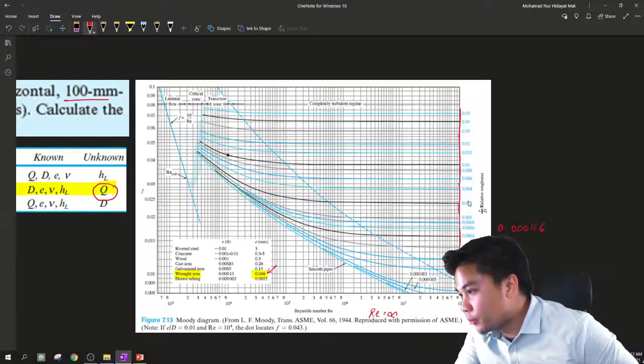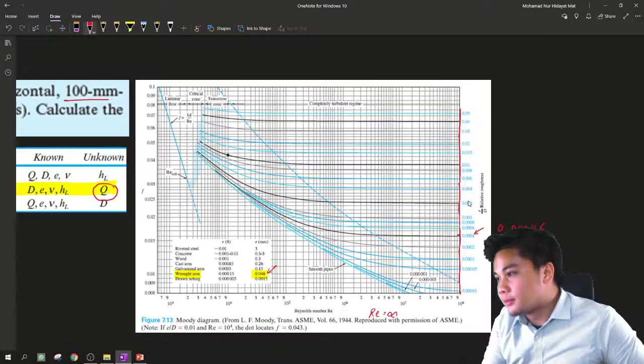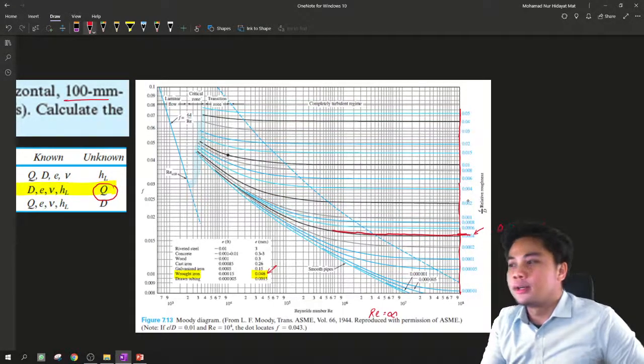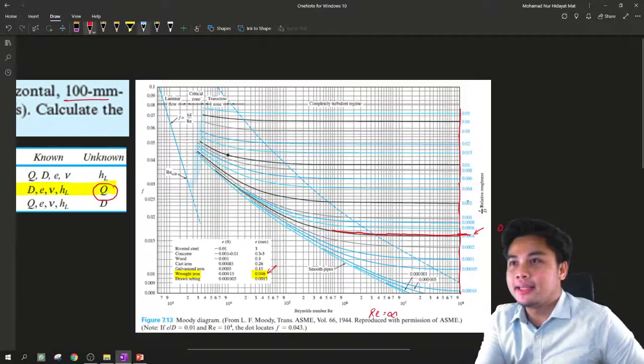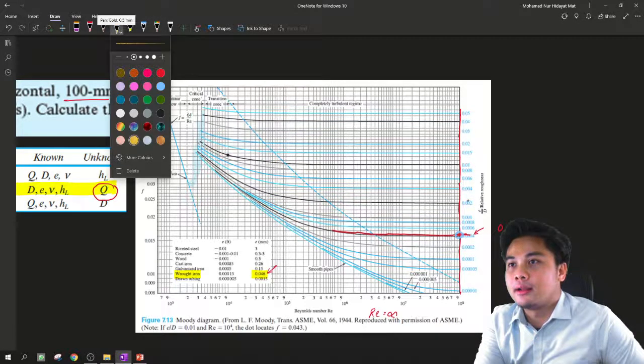We have 30 and 46, so around this range, a little bit above this.